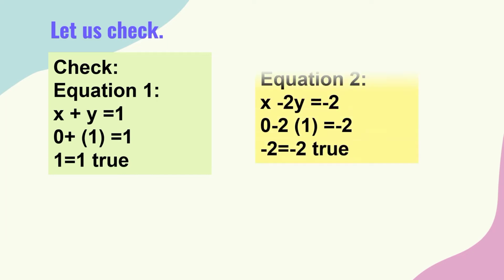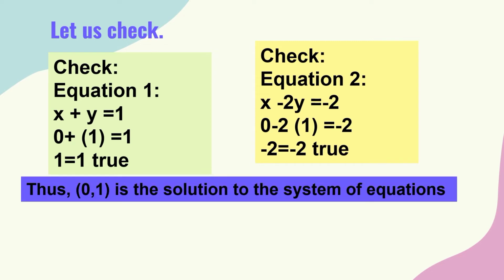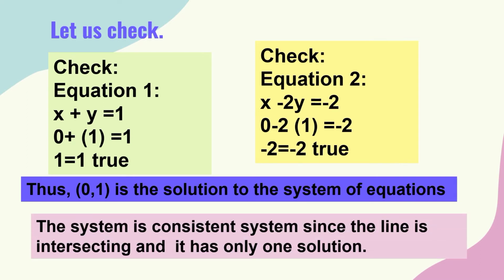Now, for our second equation, x minus 2y equals negative 2, by substitution, 0 minus 2 times 1 equals negative 2. Negative 2 is equal to negative 2. The statement is true. Thus, (0, 1) is the solution to the system of equations. The system is a consistent system since the lines intersect and it has only one solution.